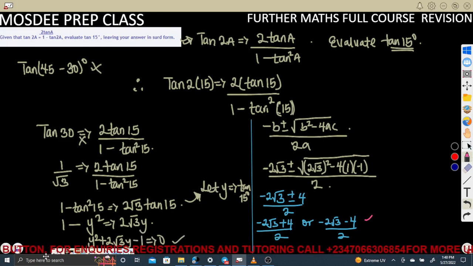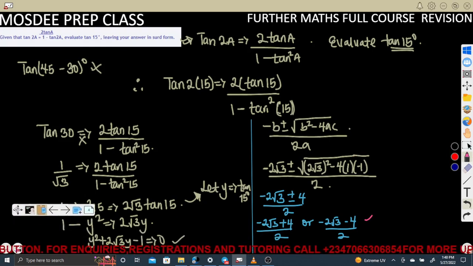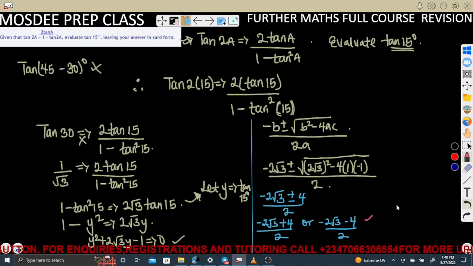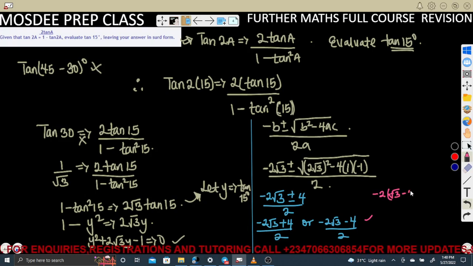You're not supposed to be showing this, but let me show it for the sake of understanding. That is minus root 3, then plus 2, as minus times minus will give you that.